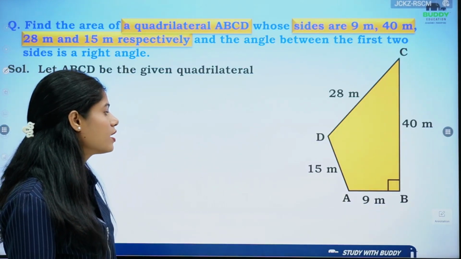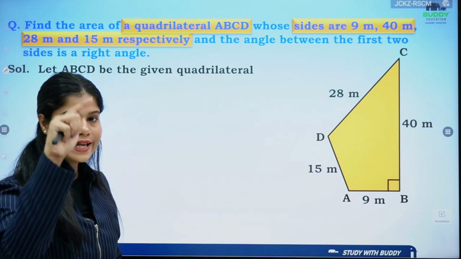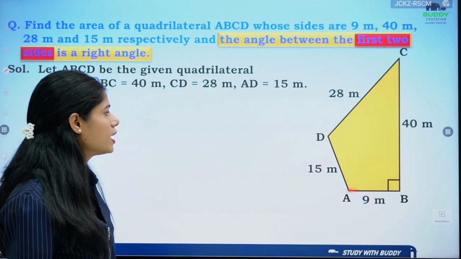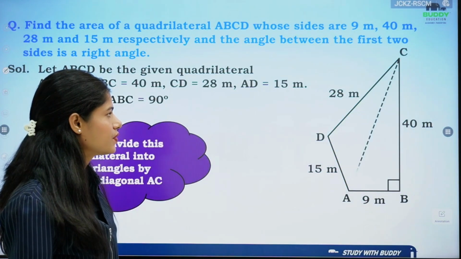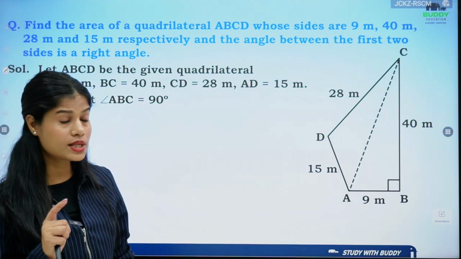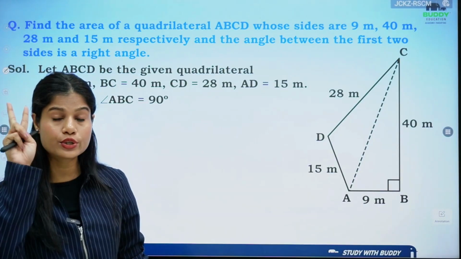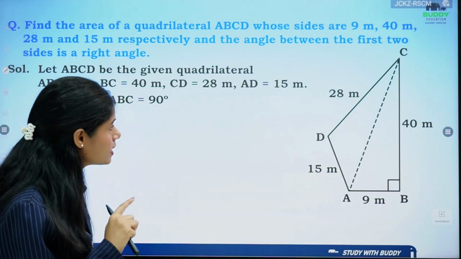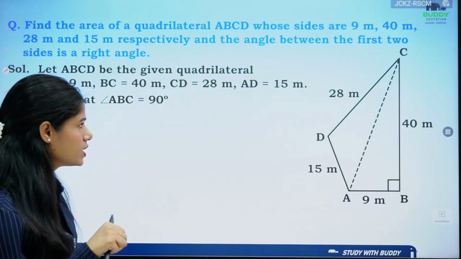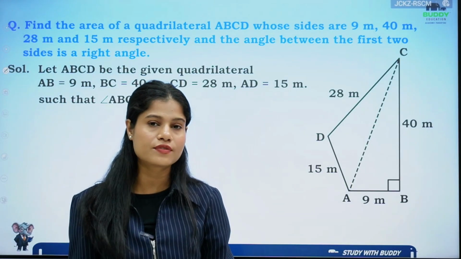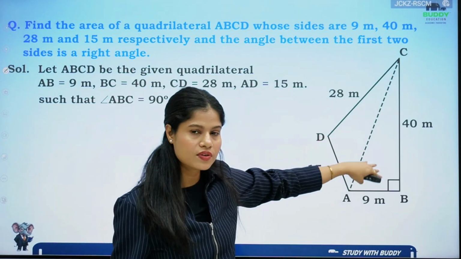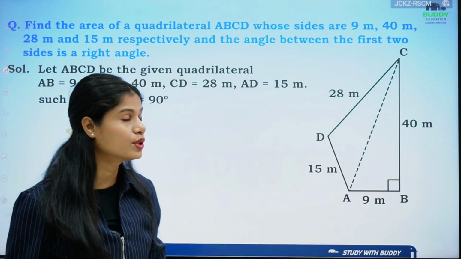So here we are going to join A to C, and that's how you'll get this figure. Now you can see this quadrilateral is divided into two triangles, one is ADC and another one is ABC. So if we want to find the area of the total figure, we'll find the area of the first part, find the area of the second part, and add them.